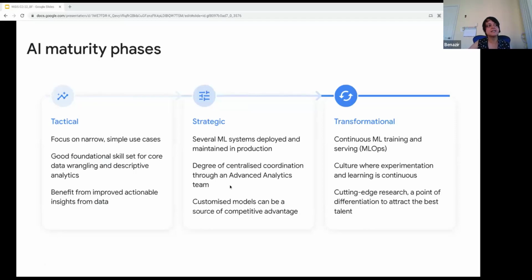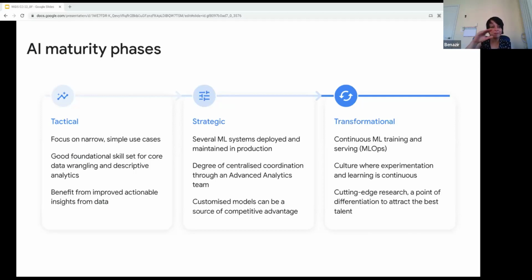The second bucket is strategic. These are industries that already have some or maybe a lot of ML models currently deployed in production. These companies have processes in place so that experimentation is encouraged, models are built, and there are set processes to put those models into production.